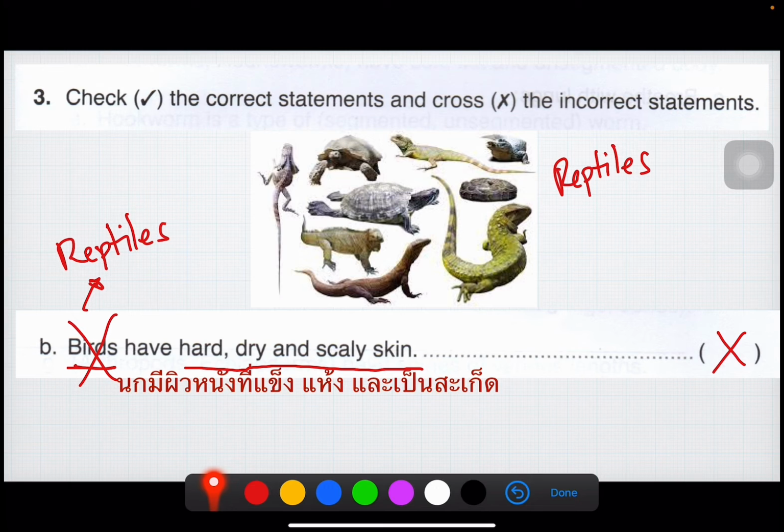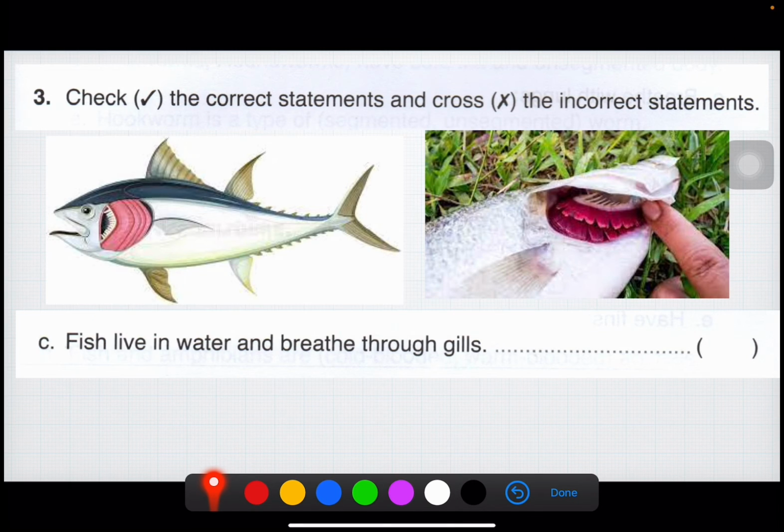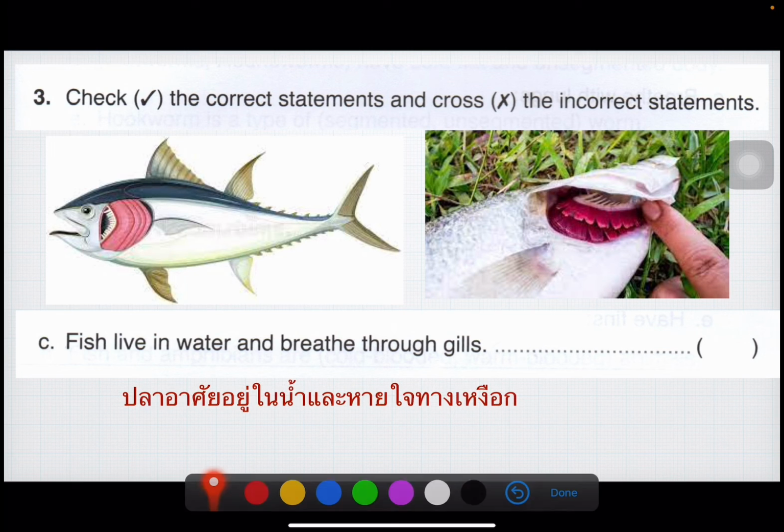Next, letter C: fish live in water and breathe through gills. Is it correct or incorrect? Correct, because fish really live in water and they have gills.